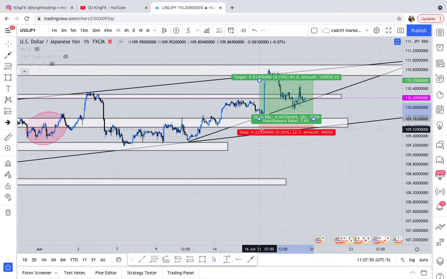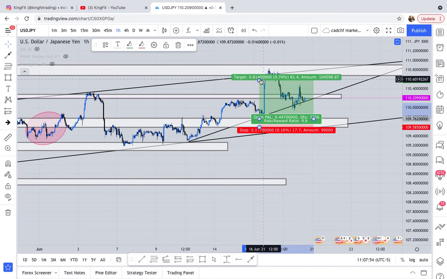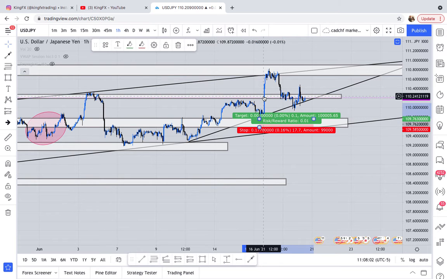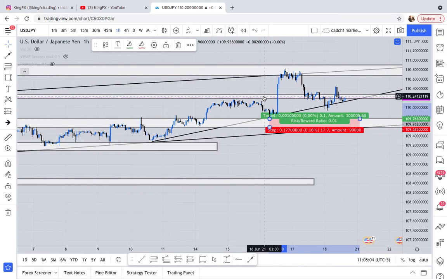You could set it below, or kind of below these wicks if you wanted, kind of like how it was. And you could have aimed for either target right here, but obviously this was a very, very bullish hour candle right here, so price destroyed through it.